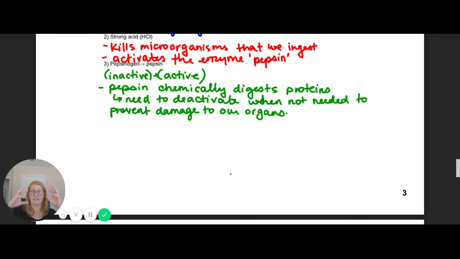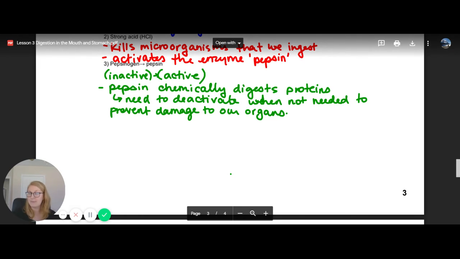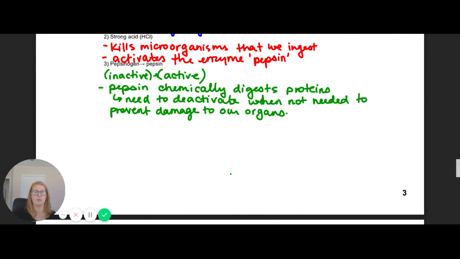So it's basically taking the big, large proteins and breaking them into their small component parts, which are the amino acids. Now, I had mentioned before, these polymers, these proteins can be extremely large. They can be thousands of amino acids in length. So most likely, pepsin is not digesting the whole protein, which is why we're going to talk about the small intestine having yet another enzyme just for that purpose.